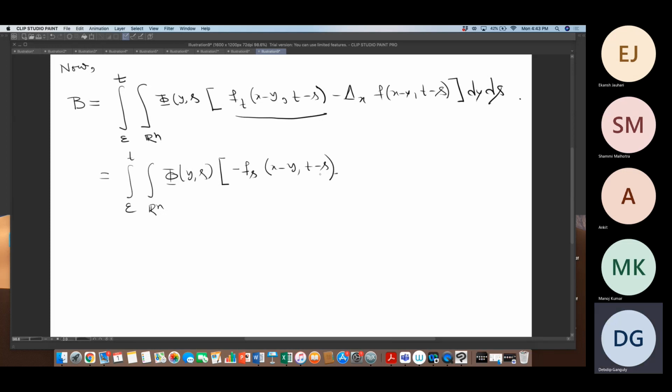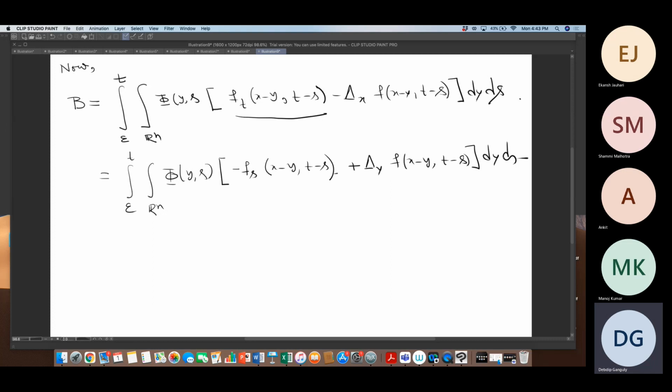Is that okay? With respect to s, a minus will pick up. With respect to minus y, this will be plus y. Just change the variable. T and s are both independent variables. So if I want to do it with respect to s, then what will happen?